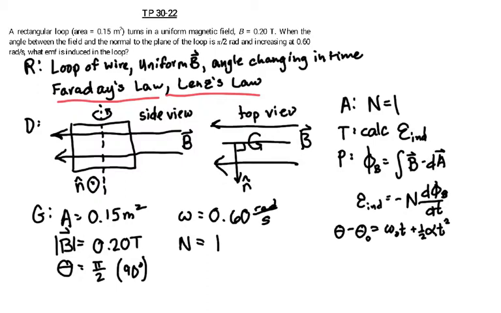Alright, in this third one, because I mentioned that we have an angle changing in time, that means that our angle theta of our normal vector with respect to our magnetic field, because that's changing in time, we need to have an angle theta that is time dependent.